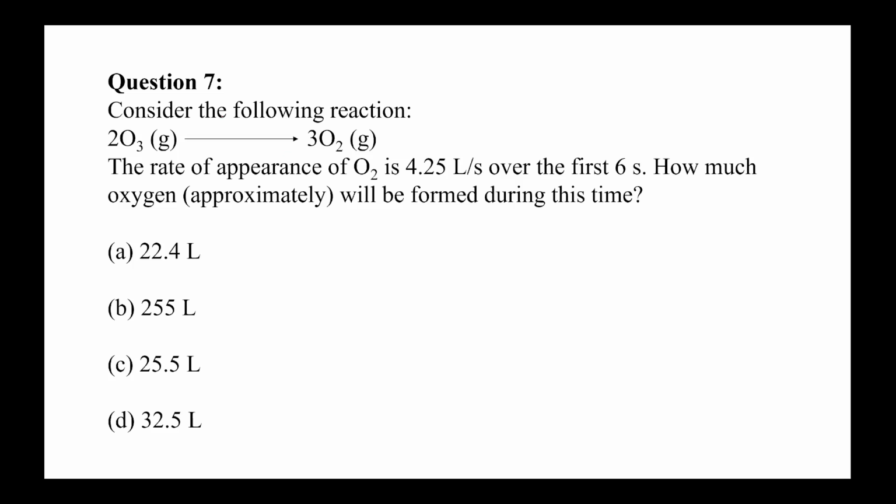So the reaction is ozone is getting converted into oxygen. The rate of appearance of oxygen is 4.25 liter per second over the first 6 seconds. So time is given, rate is given. Okay. How much oxygen will be formed during this time? So you have to tell the amount of oxygen, amount of product that is forming during this time.